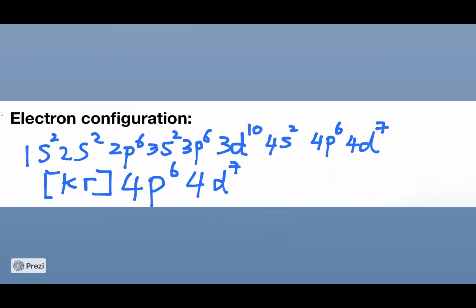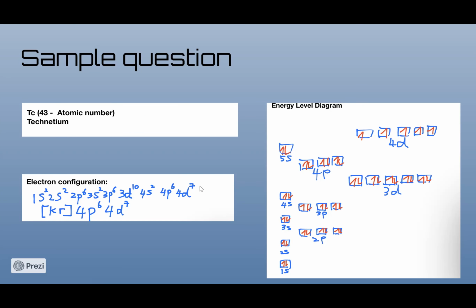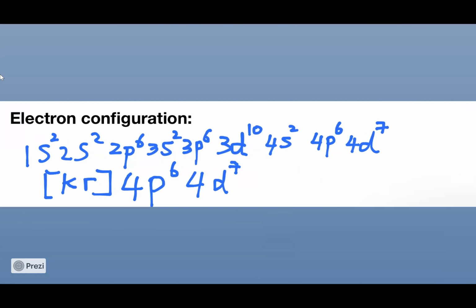And later it comes to the electron configurations, which is basically very similar to the energy level diagrams, but just slightly different in terms of the ordering. So the first thing is always the 1s, 2s, 2p, 3s, 3p, 4s, 3d, 4p, 5s, and 4d.